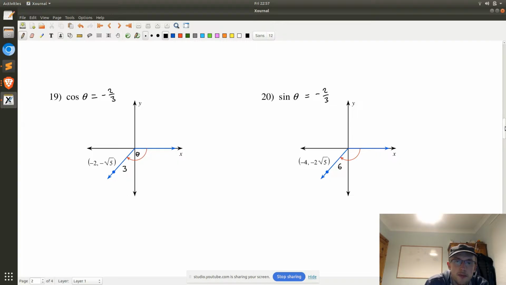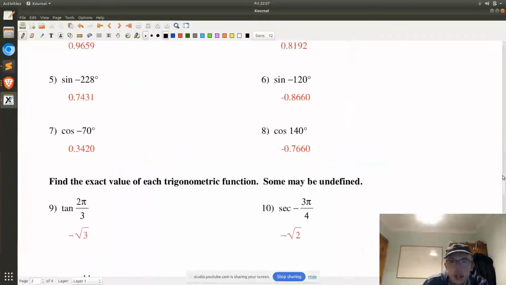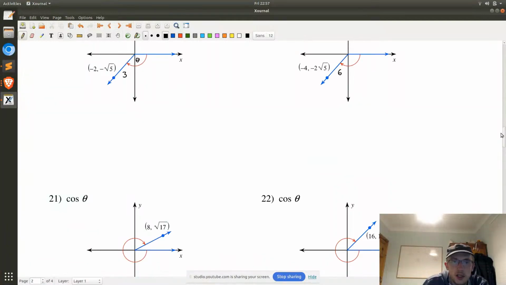No, wrong, because it's the opposite. Okay, so that would be negative 2 root 5 over 6. So negative root 5 over 3. How about that? Oh, yay. Okay.